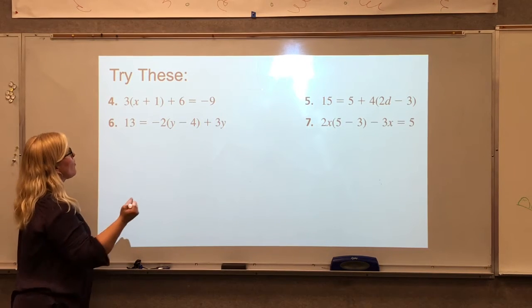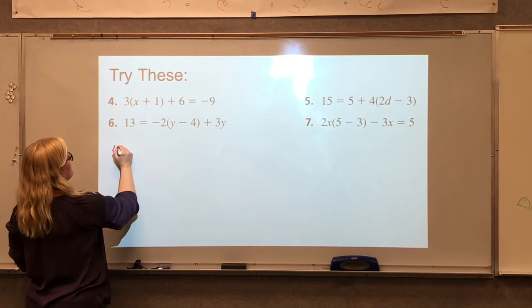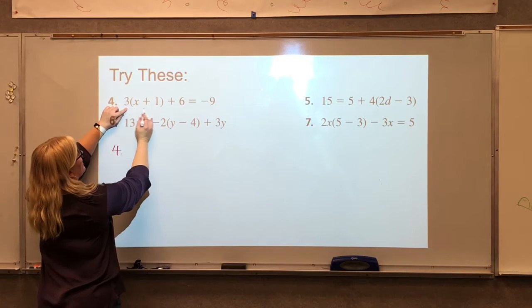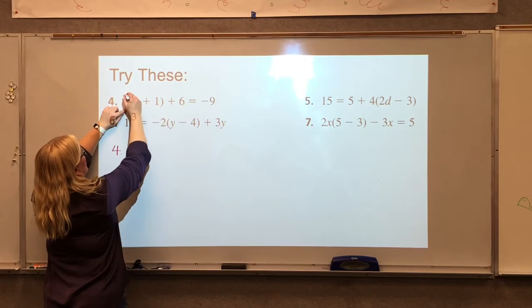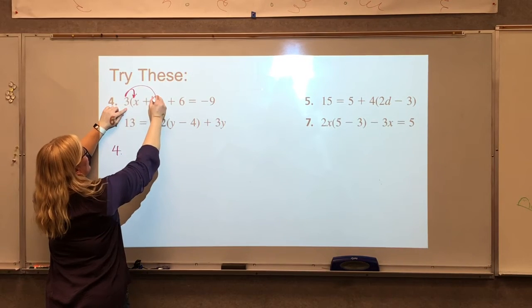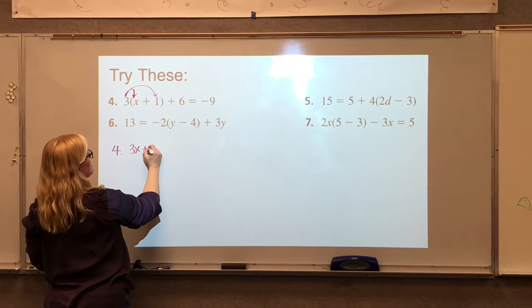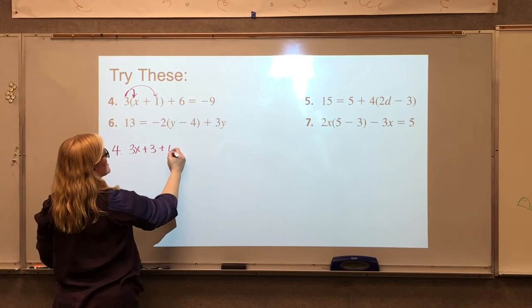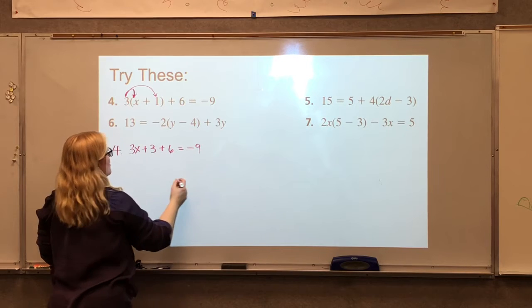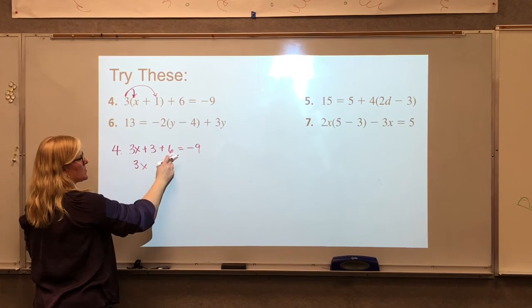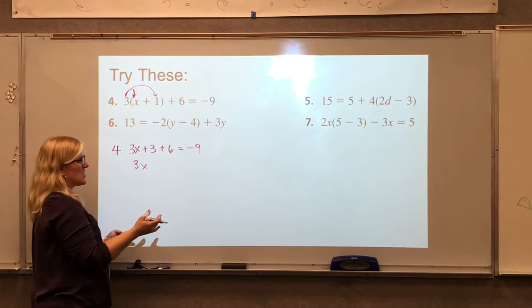Okay, so number 4, let's look at number 4. We've got, well, I'm not going to rewrite it, but again, I have a present over here, so I am going to open the present by distributing, and I get 3x plus 3 plus 6 equals negative 9. Well, now I combine like terms. 3 plus 6, remember they don't have any x's, so I can add those together.